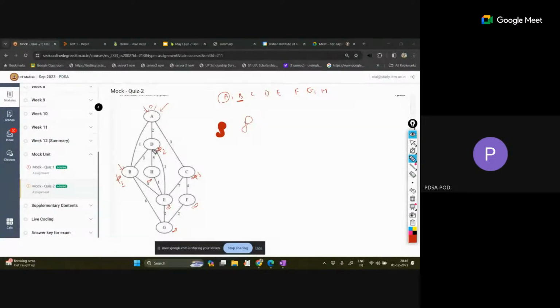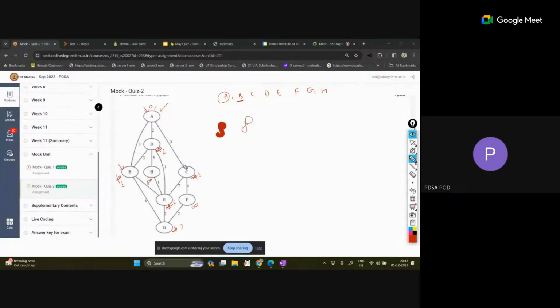B to D, 1 plus 3 will become 4, and the previous is 2, so we will not update this. 1 plus 5. B to E is 1 plus 5, 6, previous is infinite, so we will update this to 6. And B to G, 1 plus 6, it will become 7. So this update is happening from B.